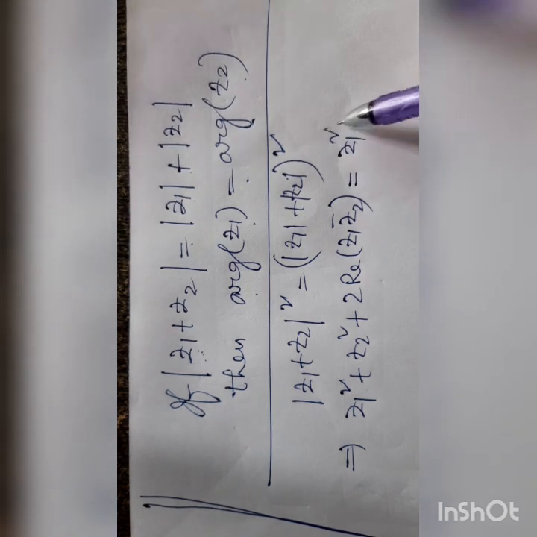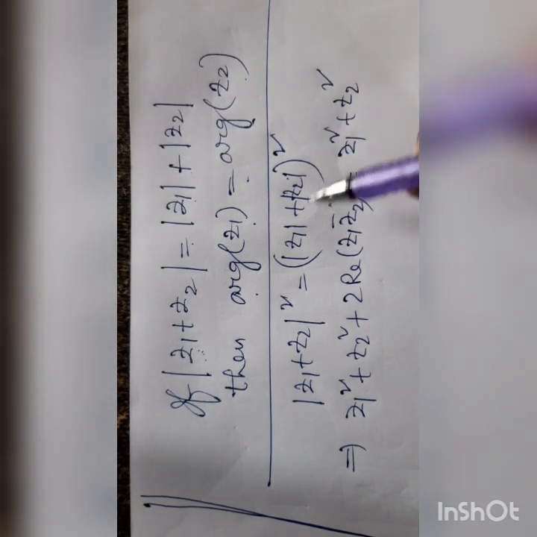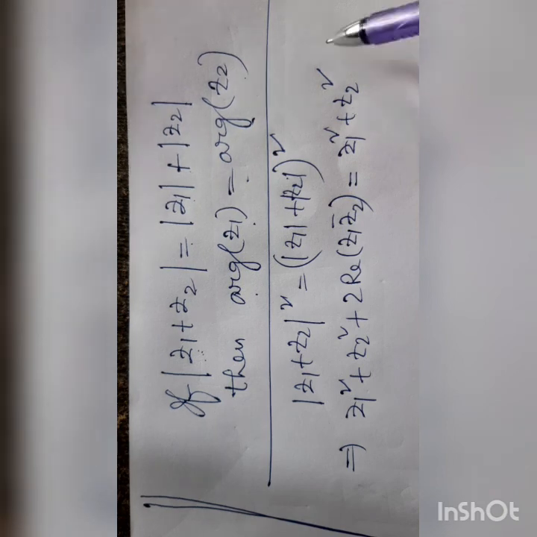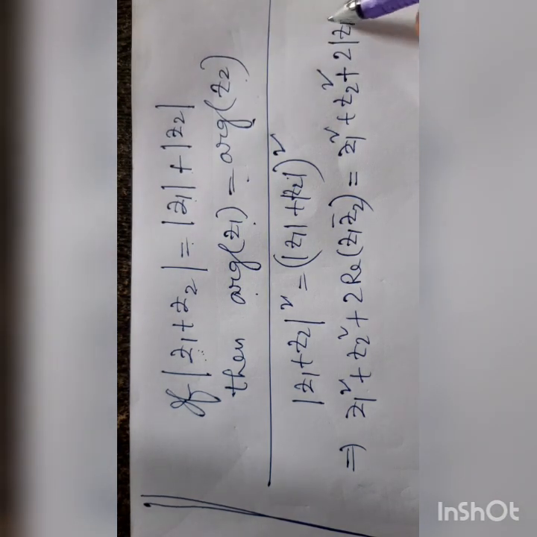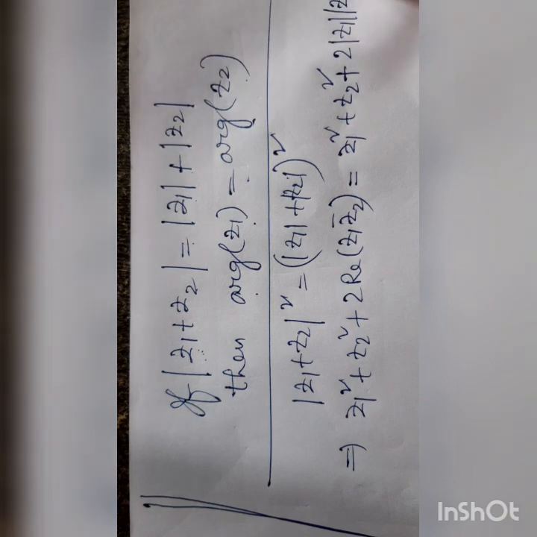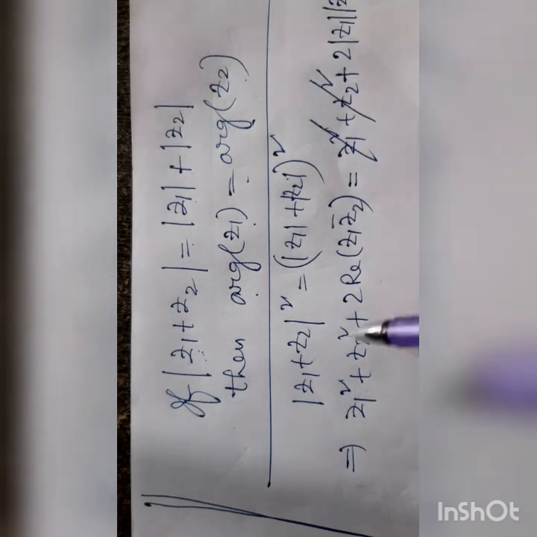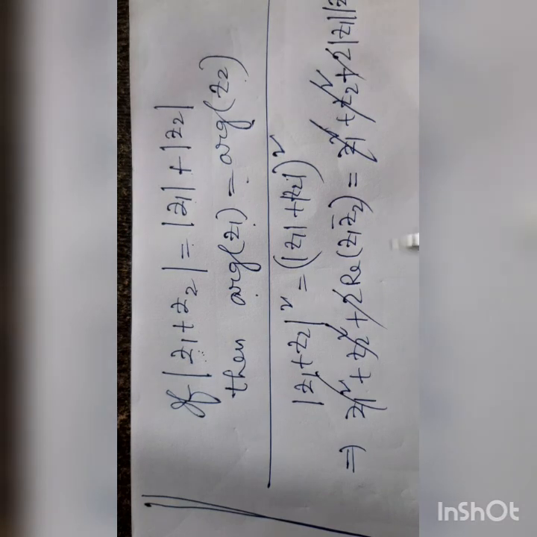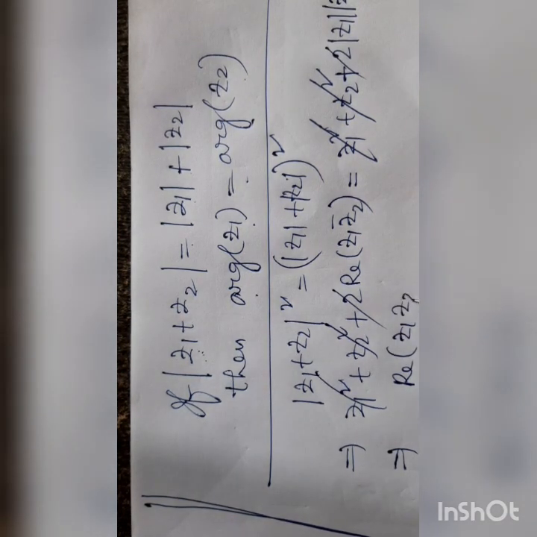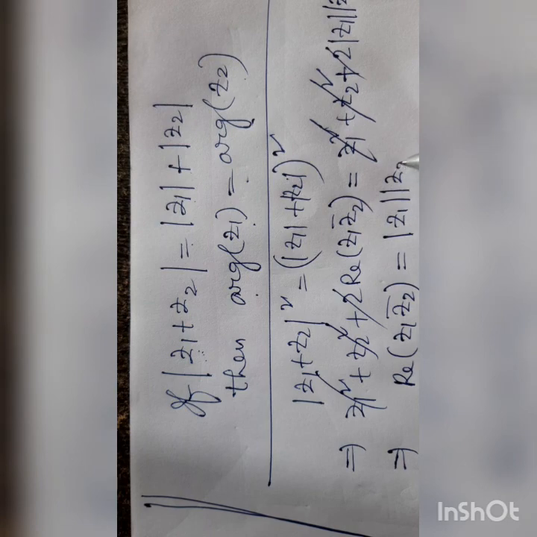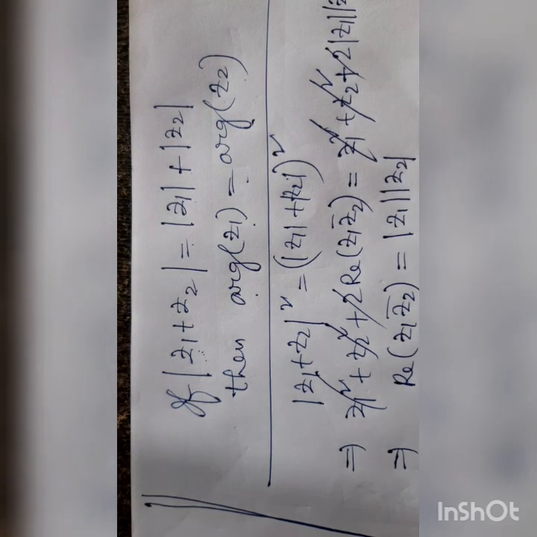Here, Z1 square plus Z2 square, mod Z1 square means Z1 square only, plus 2 modulus Z1 modulus Z2. So this cancels, and now Re of Z1 Z2 bar equals modulus Z1 modulus Z2. We got it like this.